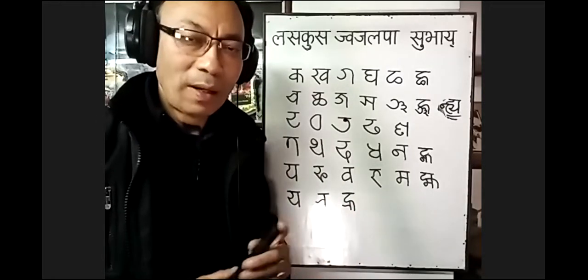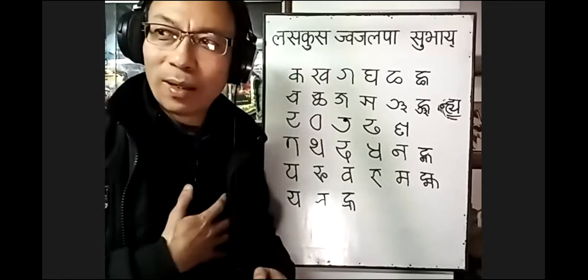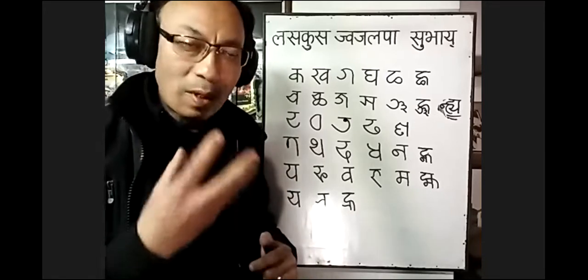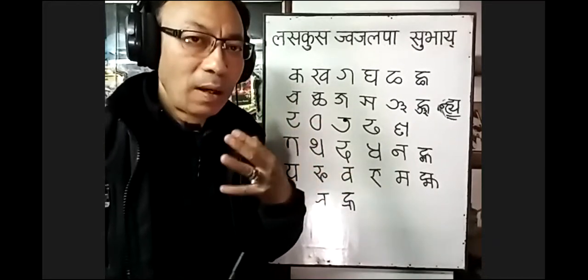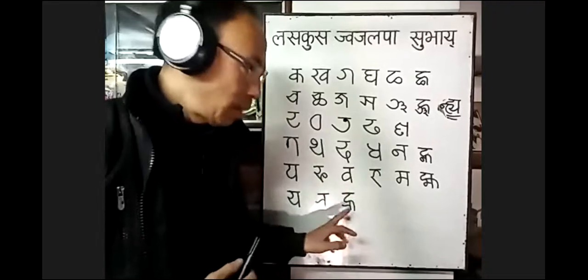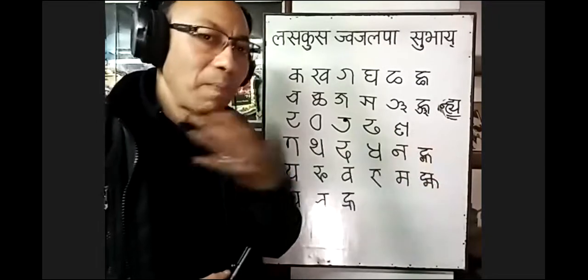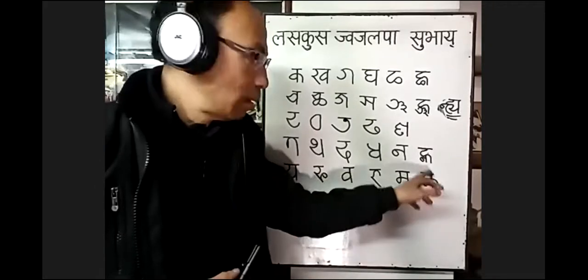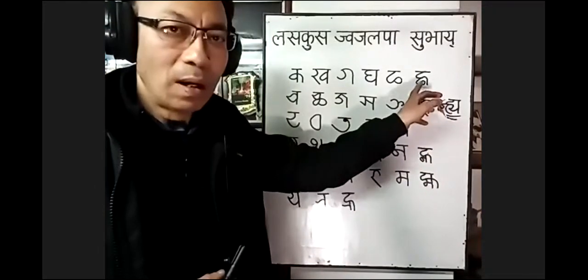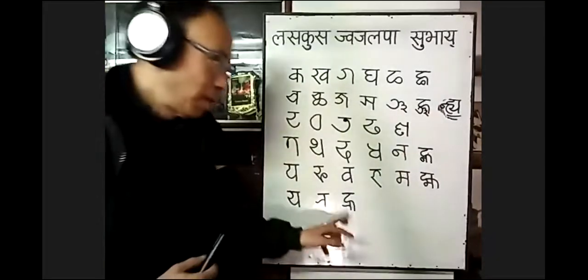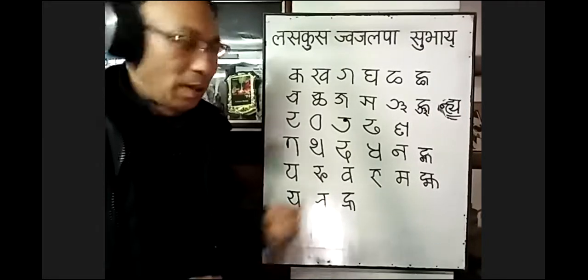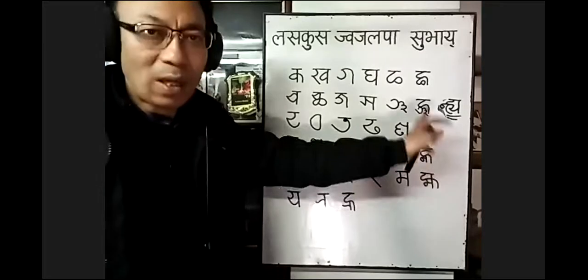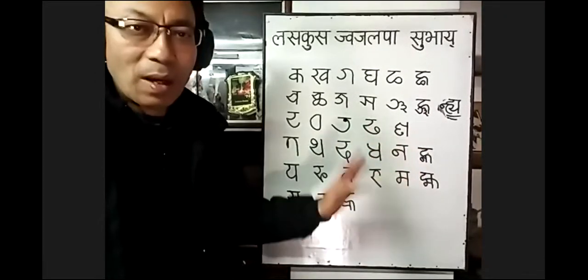How do you pronounce the ri sound? It is pronounced from where you take your voice out, the same place. So if you can pronounce the ri sound, as in hriday, then you can easily pronounce these sounds also. A little more practice may be needed, but you can do that.